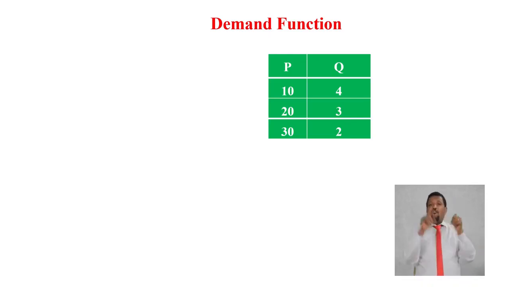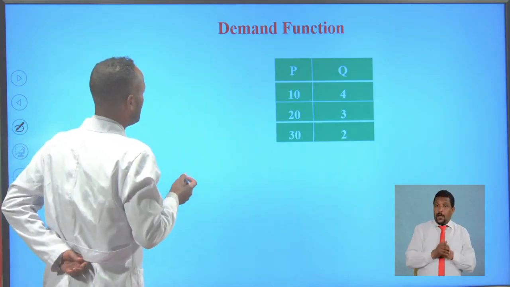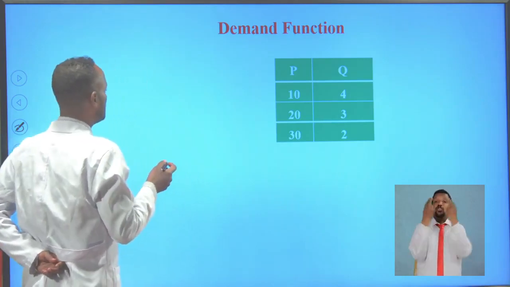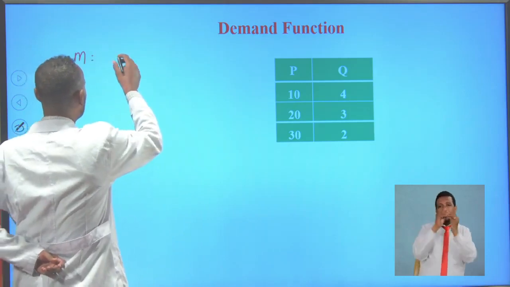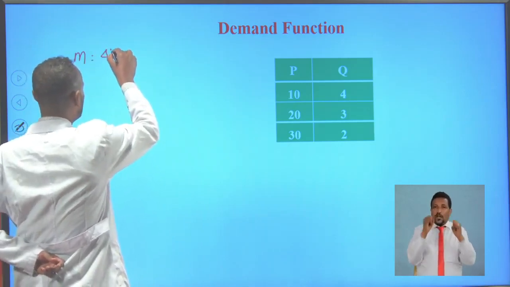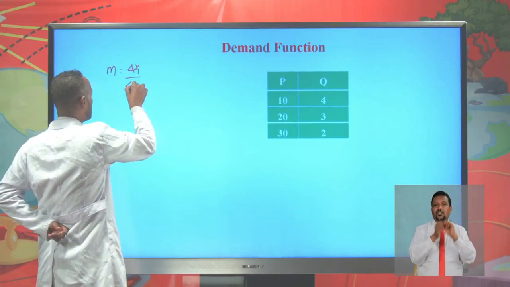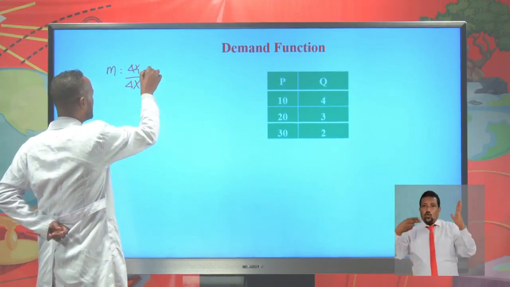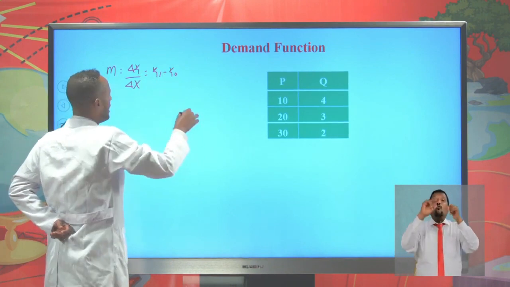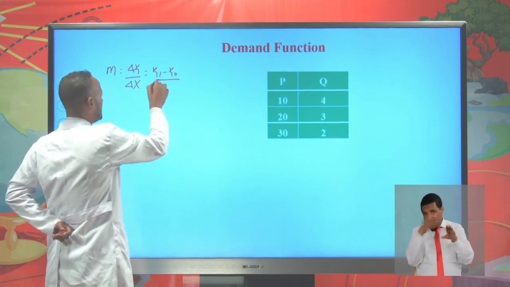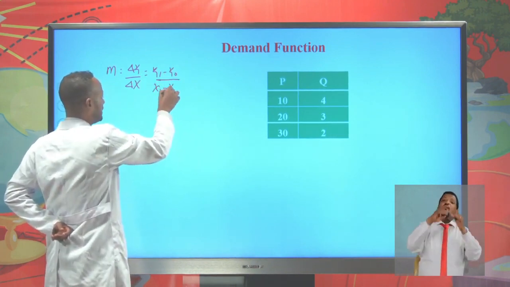The first step to derive the demand function is calculating the slope of the demand function, and the slope is mathematically calculated by dividing the vertical difference, which is the change in y, over the horizontal difference, which is the change in x. The change in y is y final minus y initial, and the change in x is x final minus x initial.